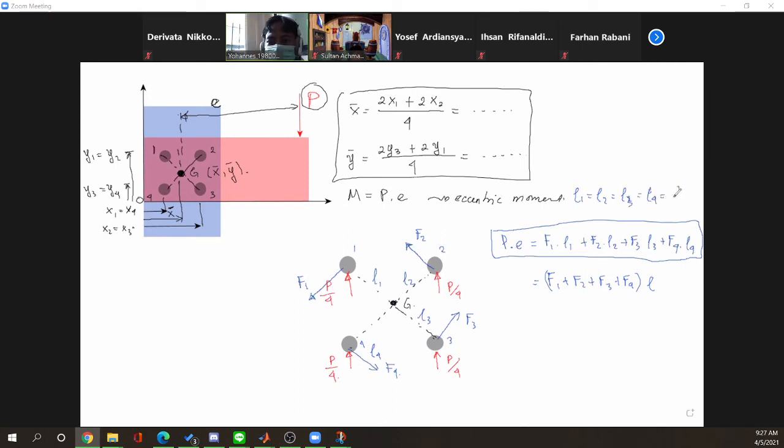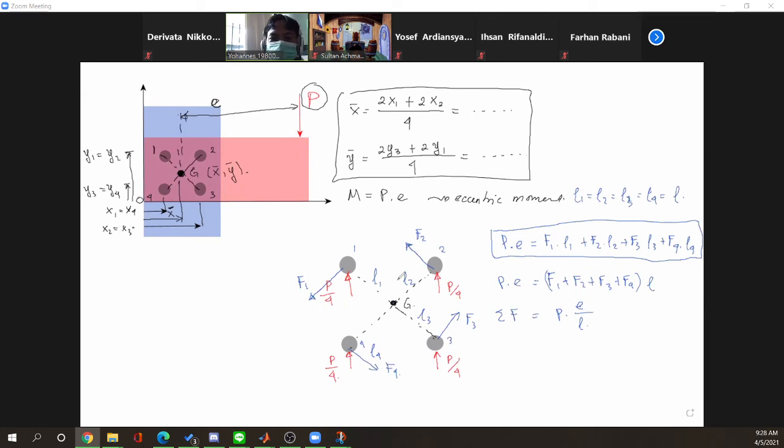Okay, so we have here. So then we can have the total F, sigma F, is equal to P, the eccentricity, and L. Okay, so like this.